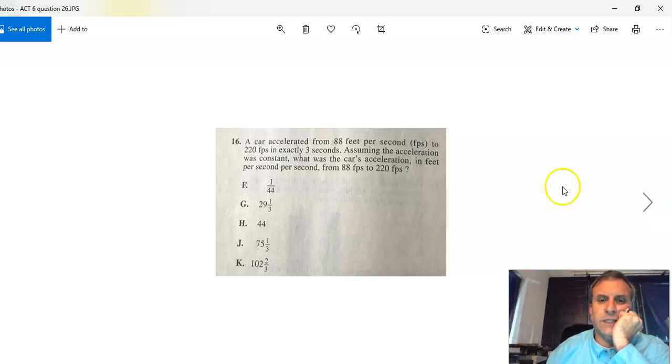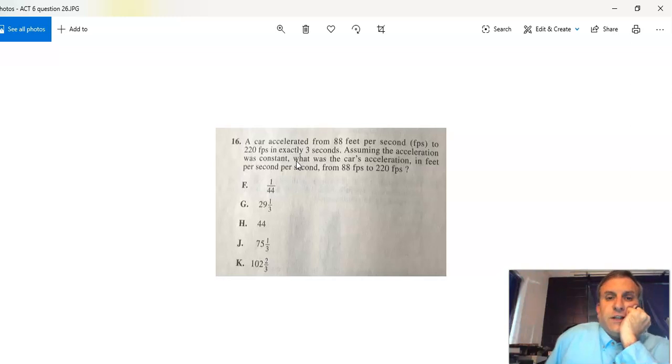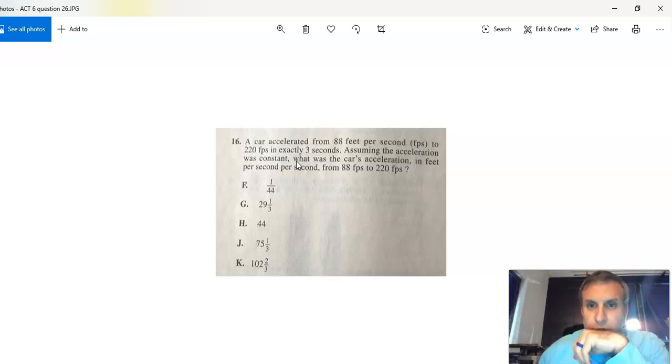All right. Okay, a car accelerated at 88 feet per second to 220 feet per second in exactly 3 seconds. Assuming the acceleration is constant, it's the same all the way up. What is the car's acceleration in feet per second from 88 to 220?